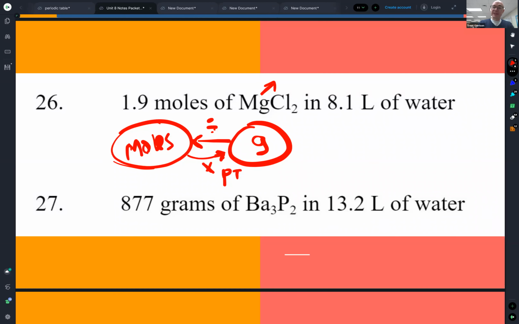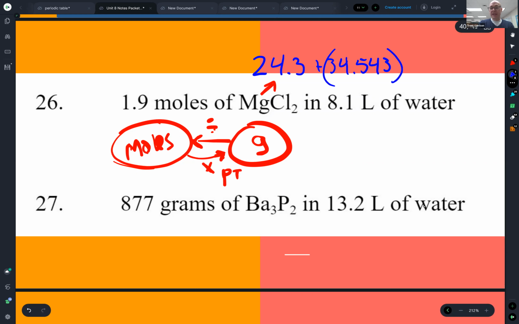So we go onto the periodic table and we will calculate what the weight of magnesium is. It's one of these weird ones, 24.3. It's somewhere in there where it's not quite enough for us to ignore. And then there are the 35.453s for the 2 chlorines. So we're going to have to add all that together to figure out what the total mass is of that molecule.